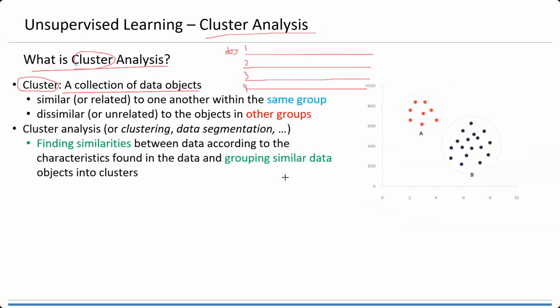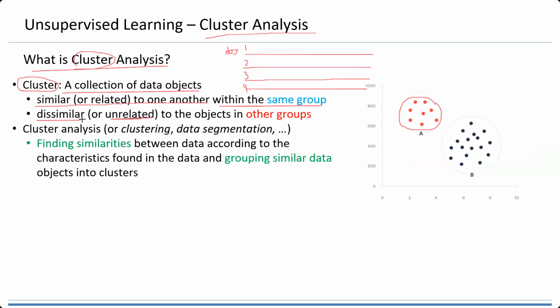And we want to know the similar objects. If they are similar to one another, then let's make them a group. If they are similar, let's make them one group. Similar means related.